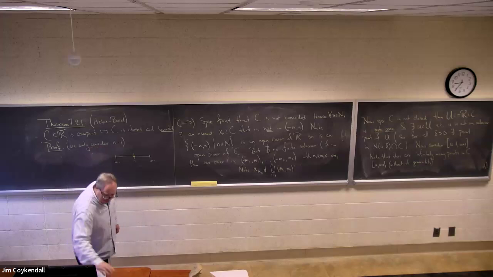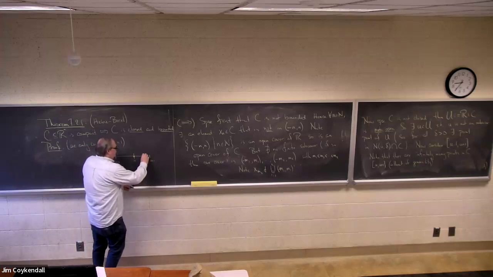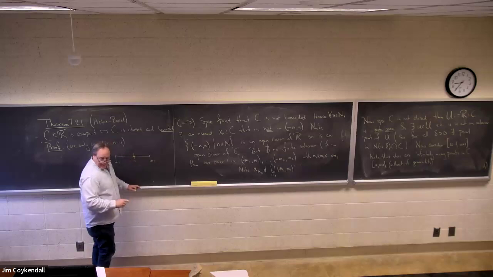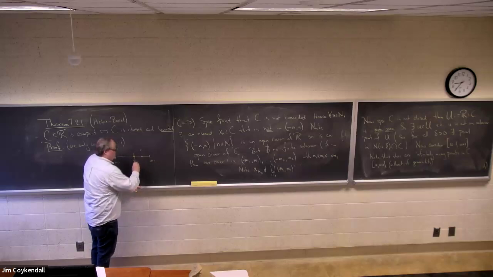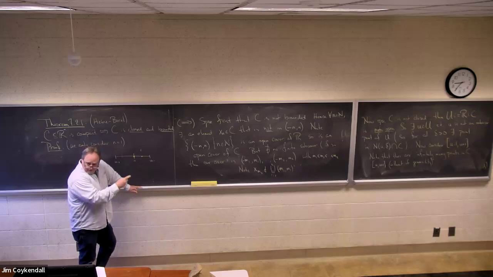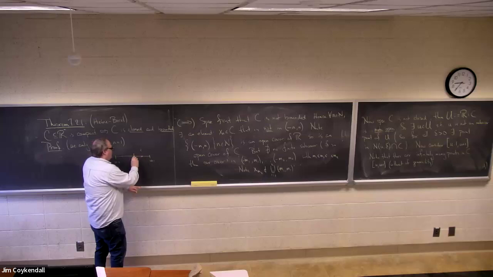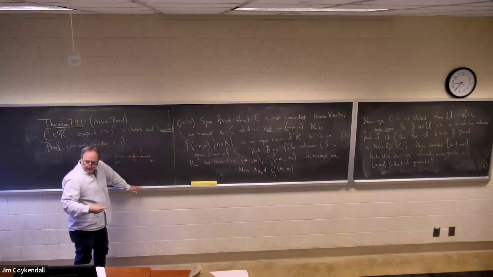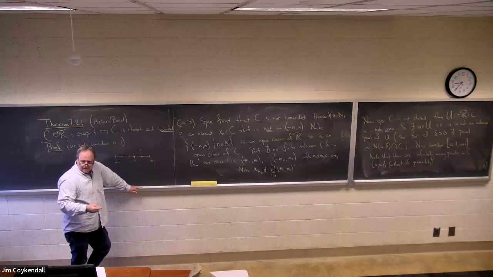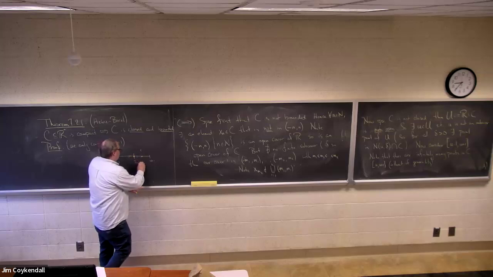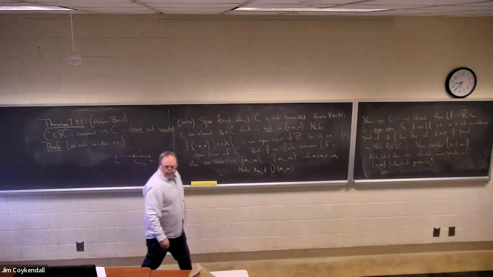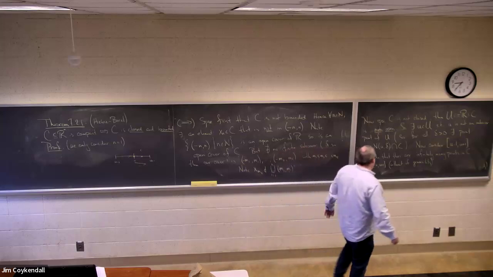Now, no matter how small I make this, there's a point here in C. That's what we said, because every neighborhood has intersection with C. So I'll make this a little bit smaller. There's still one in C. I'll make it a little bit smaller. There's still one in C. And I can continue this process. That's why there are infinitely many. Now, I did claim there are infinitely many on this side. That's the without loss of generality statement.